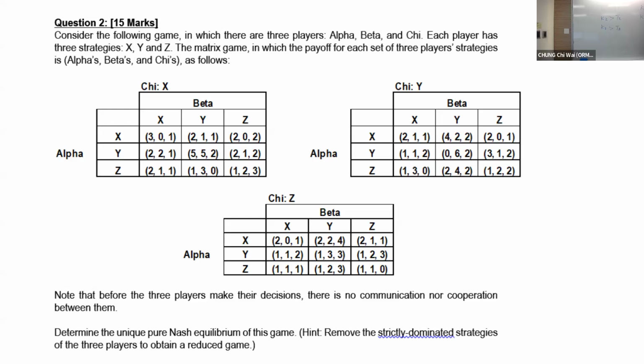If pi chooses X, right, three players, and each player can choose one of the three options or strategies.